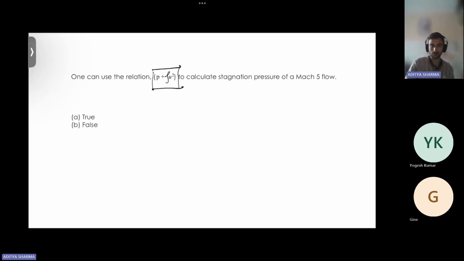The answer is no. We cannot use this particular relation to get the stagnation pressure related to Mach 5.